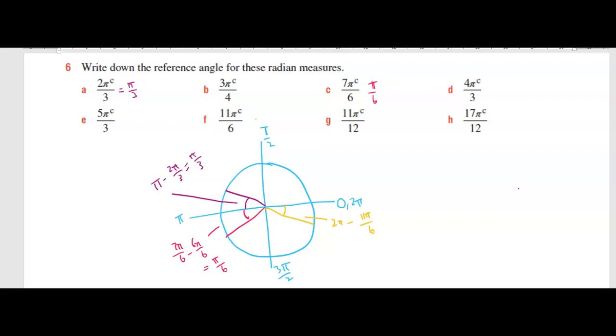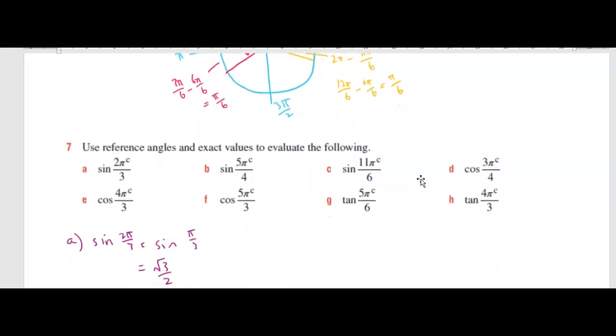If it helps, you can rewrite the 2 pi as 12 pi on 6. And that leaves you with 1 pi on 6. So pi on 6. All right, if I go down now to do question C.